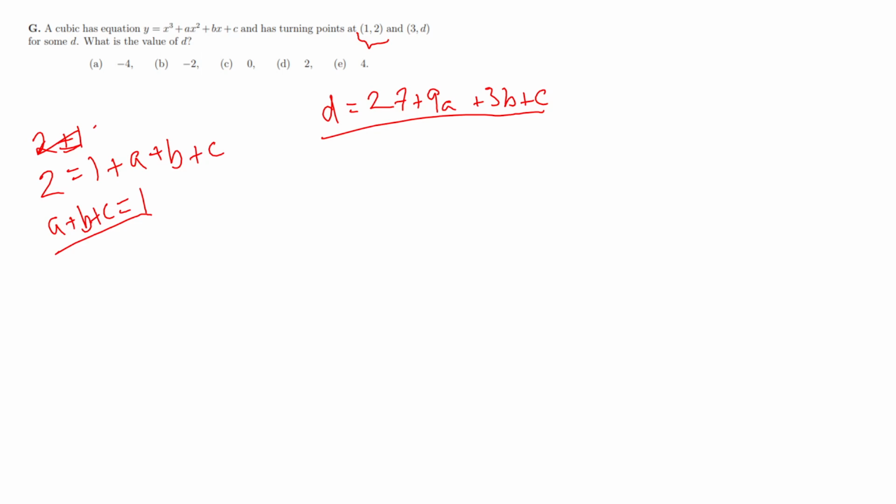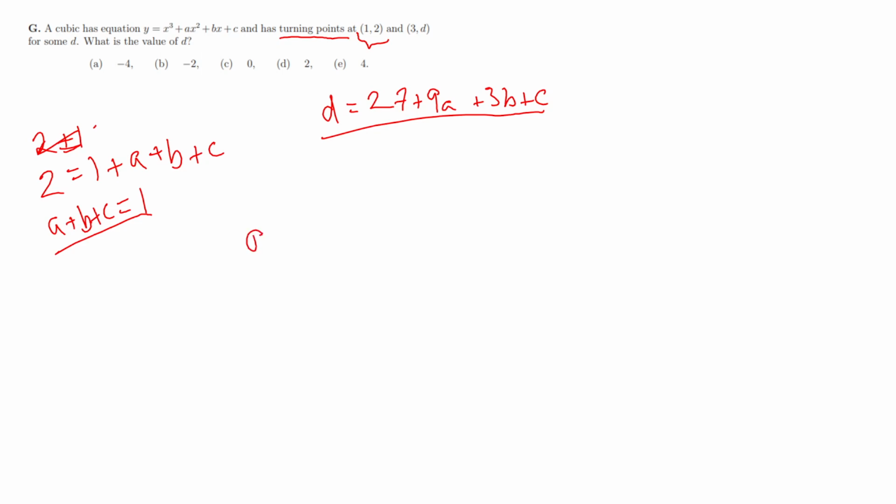The other clue is the fact that it says turning points. So how do we find a turning point? Well, we differentiate our equation and we equate the new equation to 0.